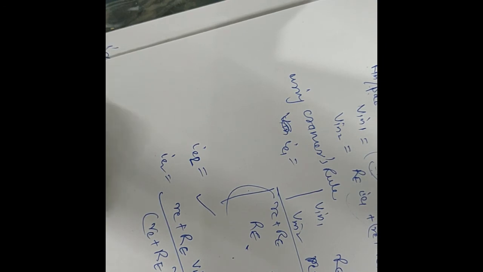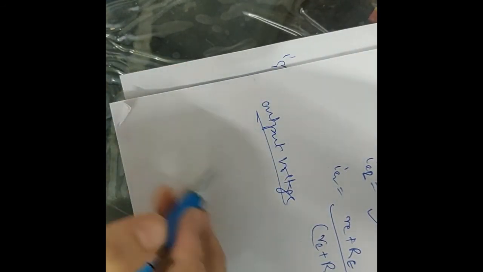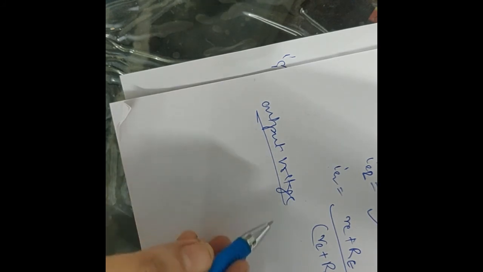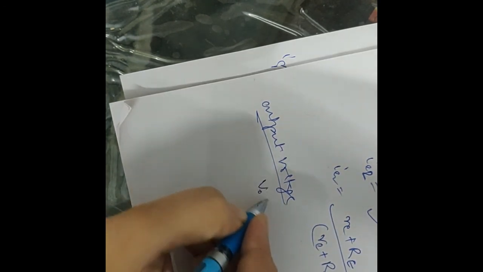The output voltage which you will get will be nothing but the difference. We have assumed that V2, the collector voltage at the second transistor, is more positive as compared to the collector voltage at transistor 1. So we are assuming that Vo is VC2 minus VC1. At that point we are measuring the voltage, it is higher and it is lower. So it is minus IC2 times RC minus RC IC1.